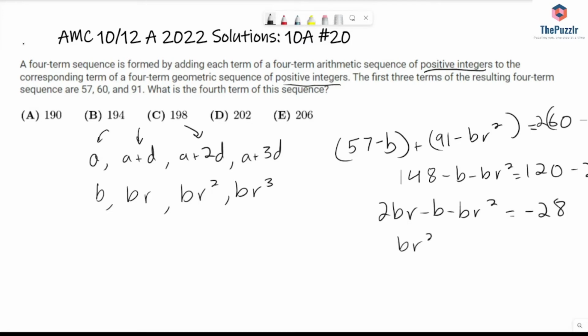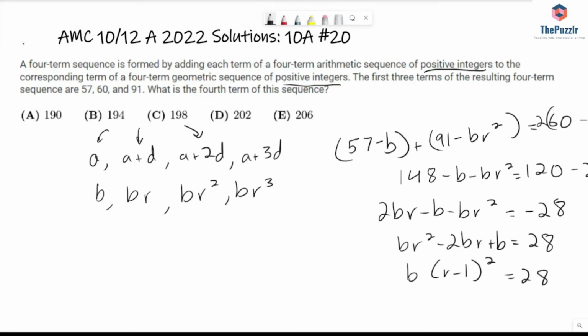So br squared minus 2br plus b equals 28. And factoring out the b, we get b times r squared minus 2r plus 1, which we know factors as r minus 1 squared. This is equal to 28.